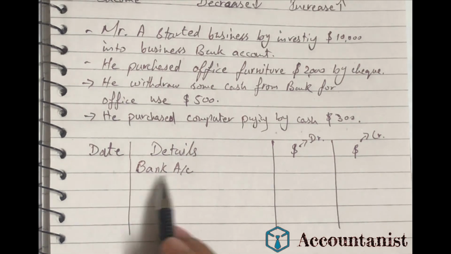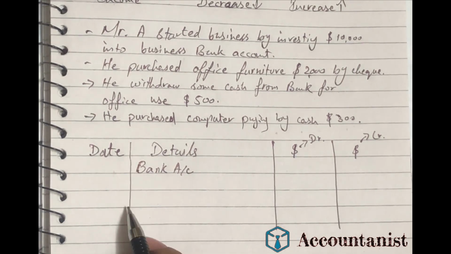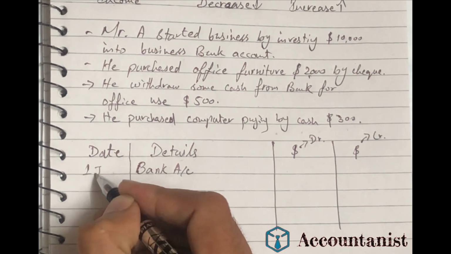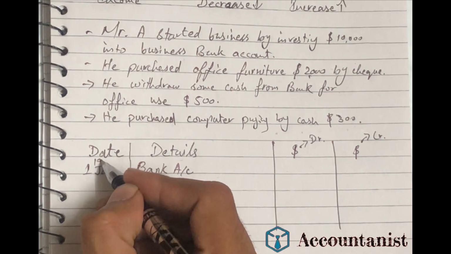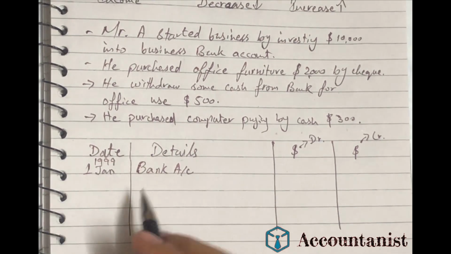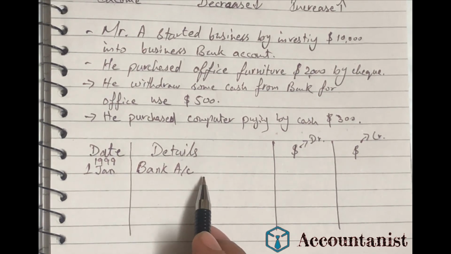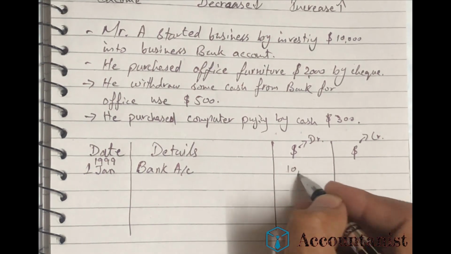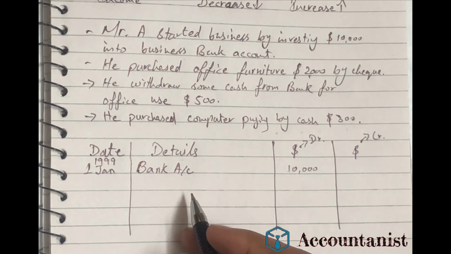So the debit entry, we start from this line. Let's suppose the date was 1st of January 1999. So the bank account is going to be debited with the amount that we need to record in the first column, the $10,000.